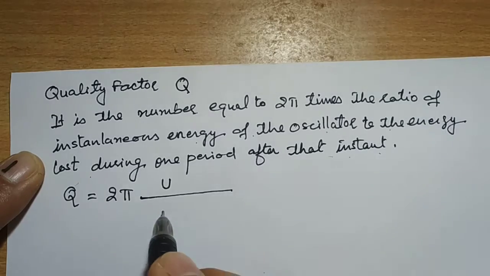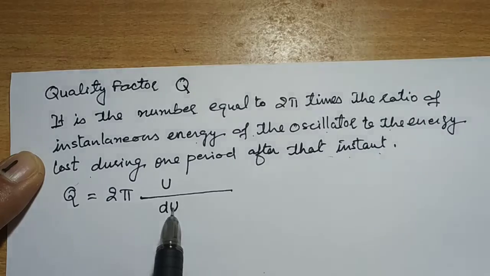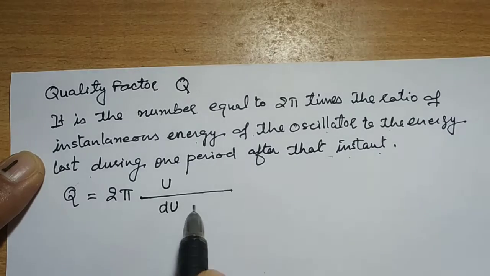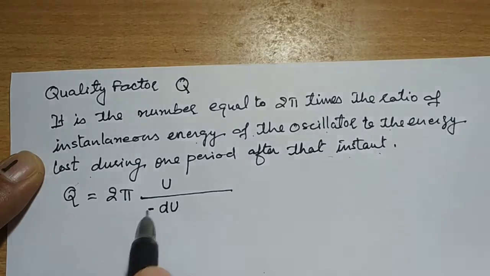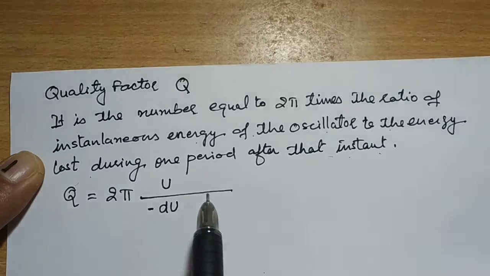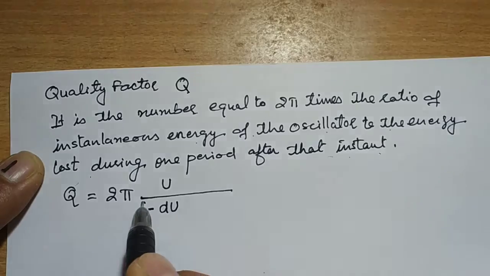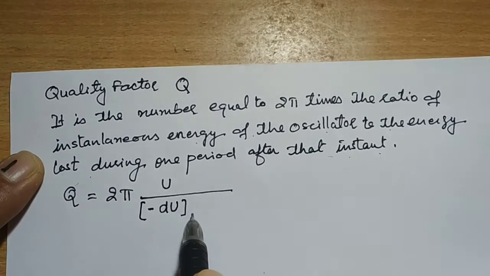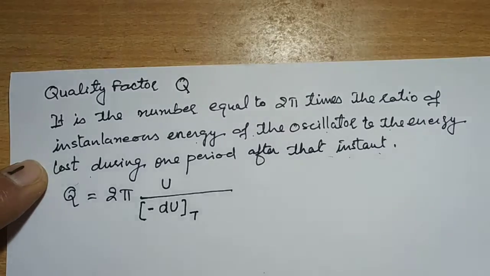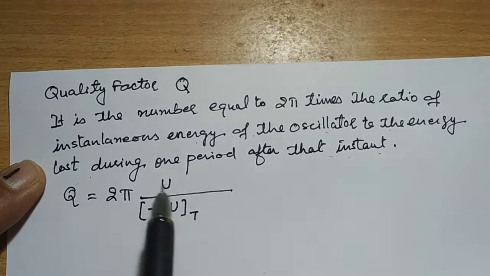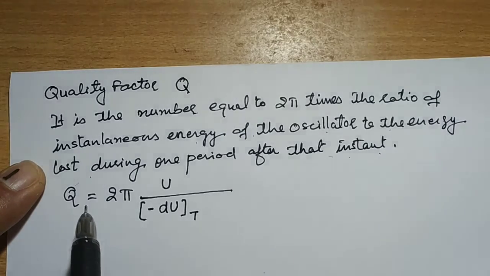Loss of energy means change in energy, dU, and the negative sign shows the loss, because positive means increase and negative means decrease. So it is the decrease of energy in the next one period, meaning one time period after that. That is how we can write the formula for quality factor.